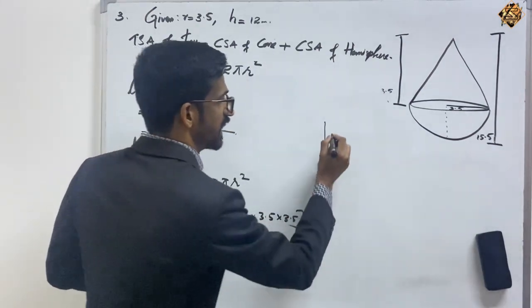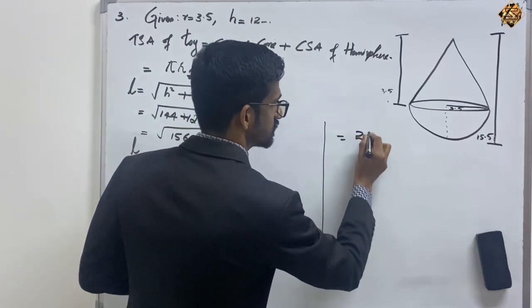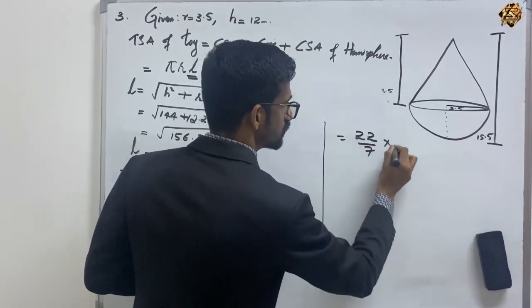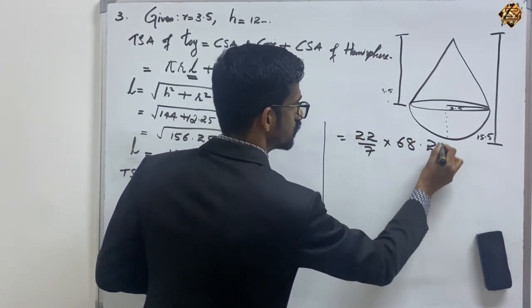So finally, pi into 68.25. Pi is 22 by 7 into 68.25.